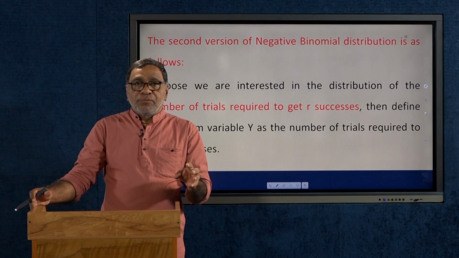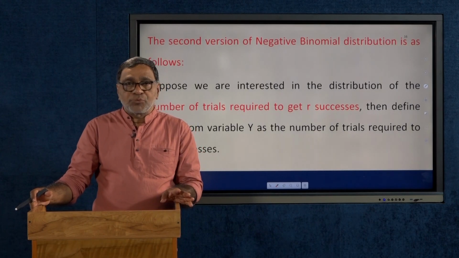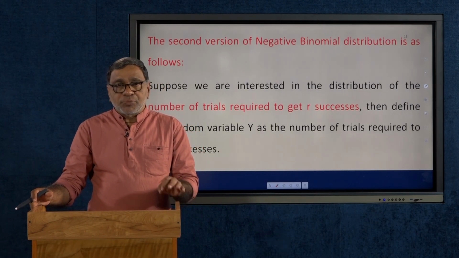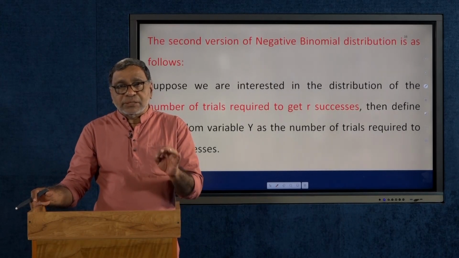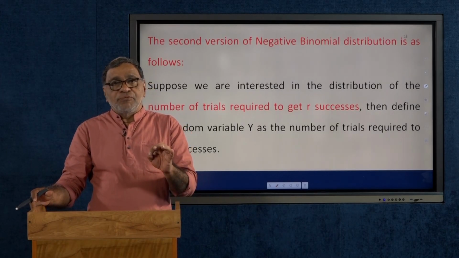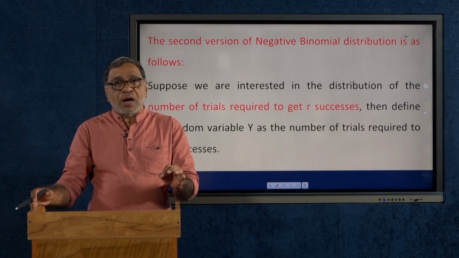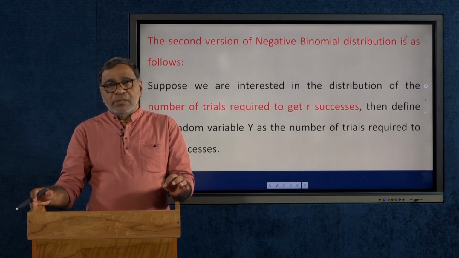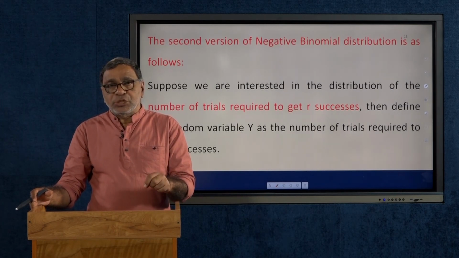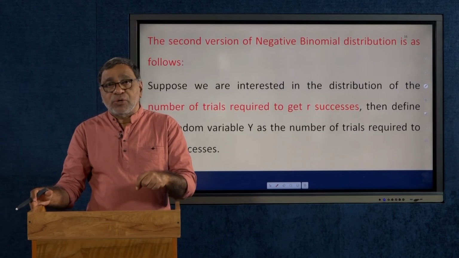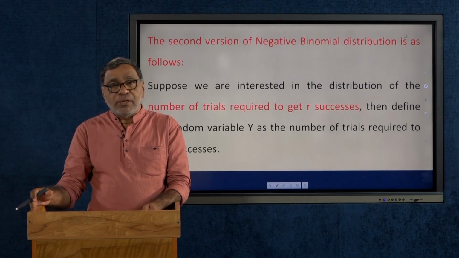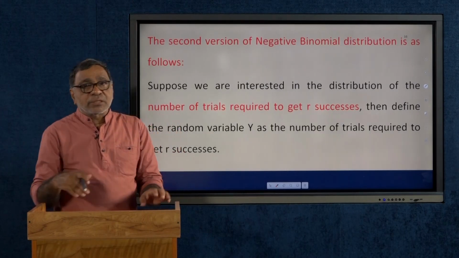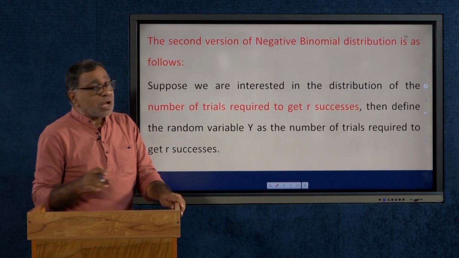Earlier, we had the probability mass function of probability of x equal to x, where x is the number of failures preceding r successes. Suppose we are interested in the distribution of the number of trials required to get r successes, then you define the random variable y as the number of trials required to get r successes.